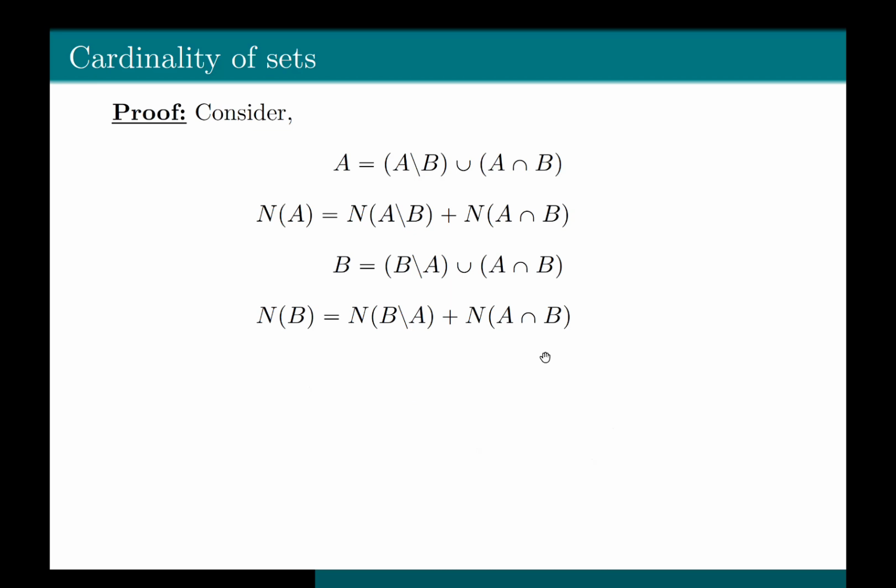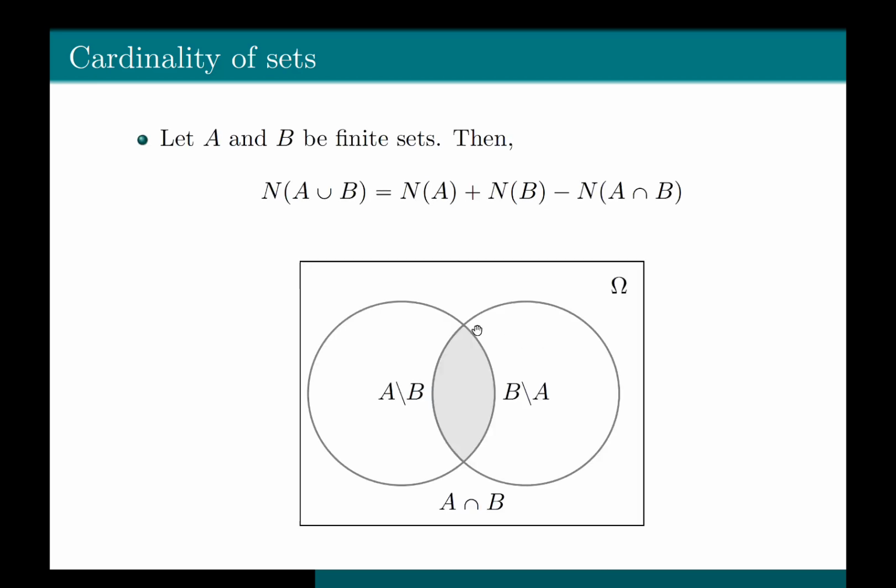Let's have a look at the set A union B. So A union B basically consists of all the points that are in A as well as in B. If we look at A union B, basically it contains both the circles.